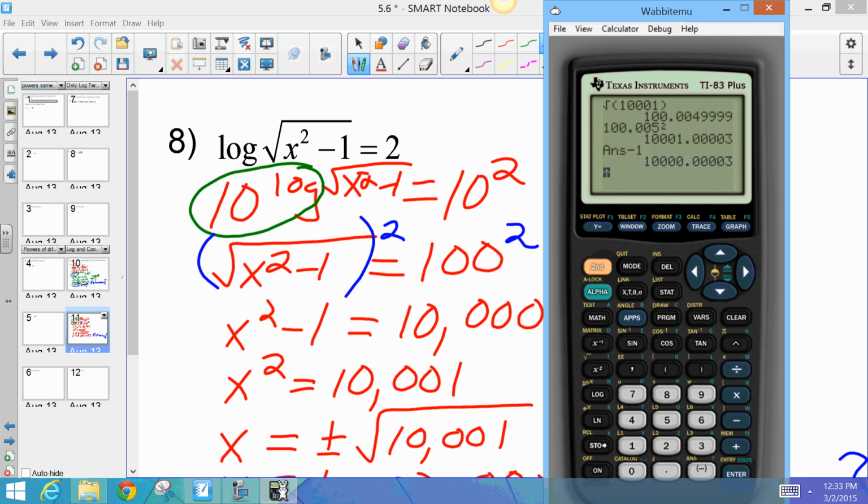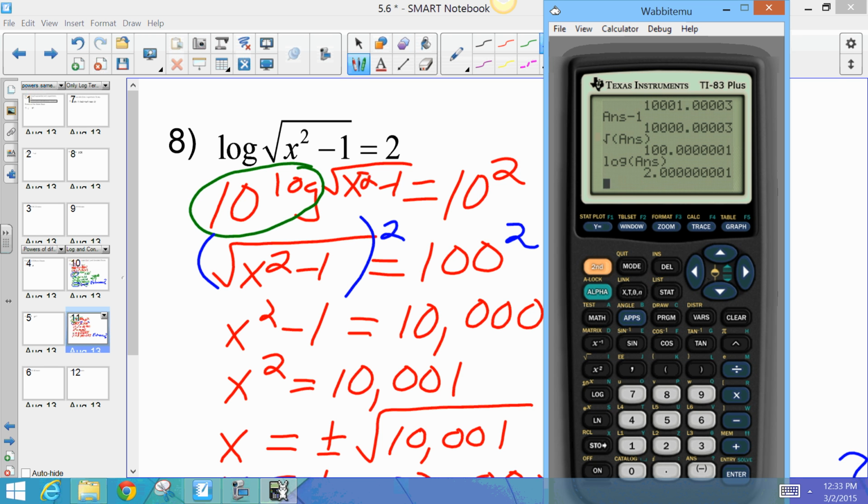Take the square root of that answer, and then take the log of that answer. I see that that equals approximately 2. So I'm good so far.